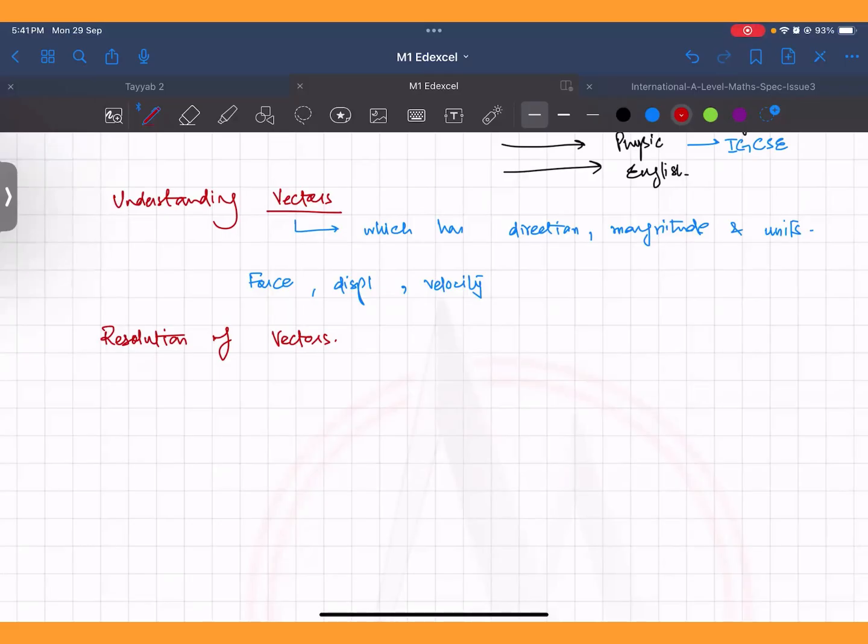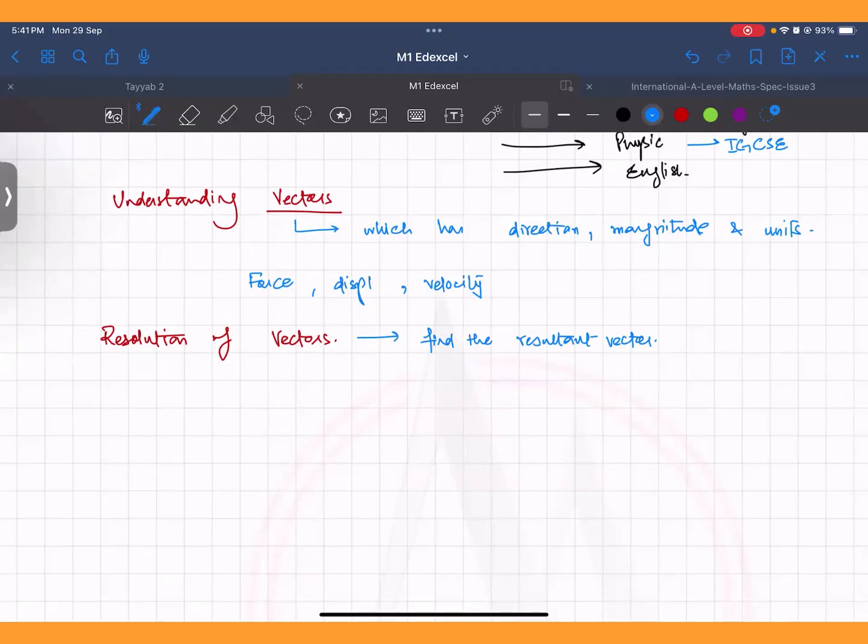You resolve the vectors and you find the overall effect of the vector, the resultant vector, because eventually the effect that is produced on a certain body is because of the result of all of the vectors that are acting.